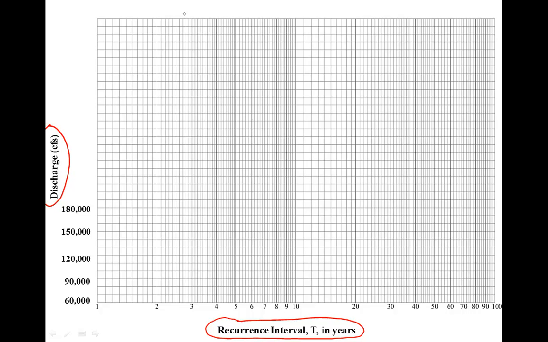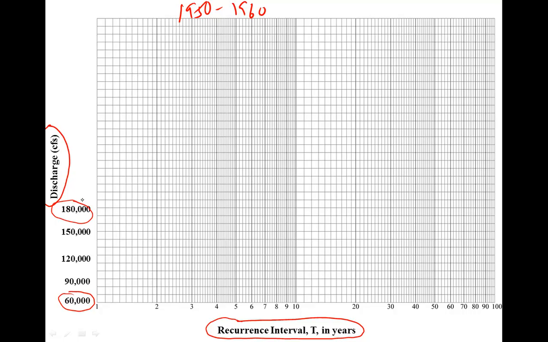Let's plot the Willamette River 1950 to 1960 data set first. Range of values in that set go from a high of about 174,000 cubic feet per second to a low of about 62,000 cubic feet per second. As a result, I've scaled my y-axis from 60 to 180,000 CFS to incorporate the range of data in that set.